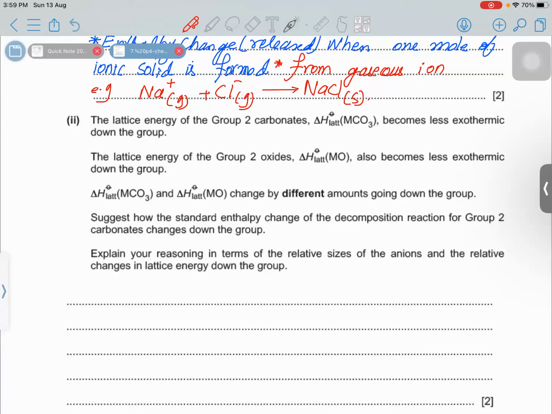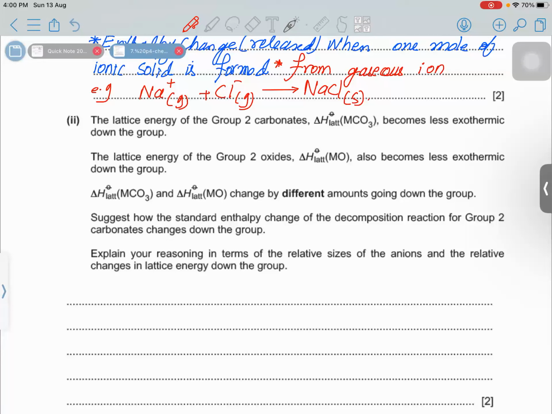So decomposition becomes more positive or less negative? Can you tell me the decomposition? So the enthalpy change of decomposition will increase down the group. Can you tell me the lattice energy increases or decreases down the group? So lattice energy is decreasing. Lattice energy decreases.